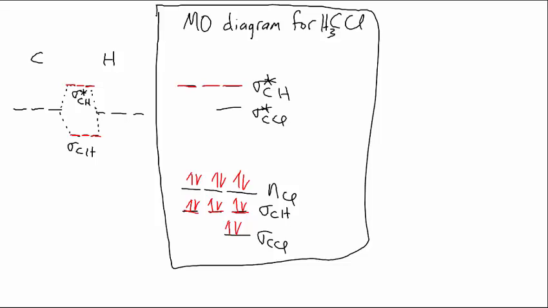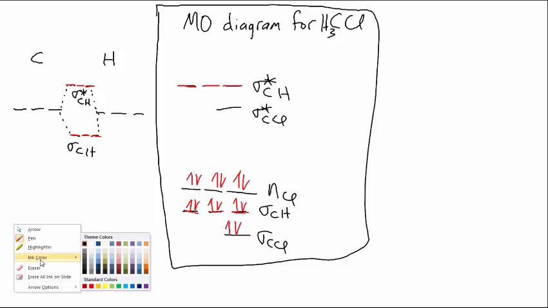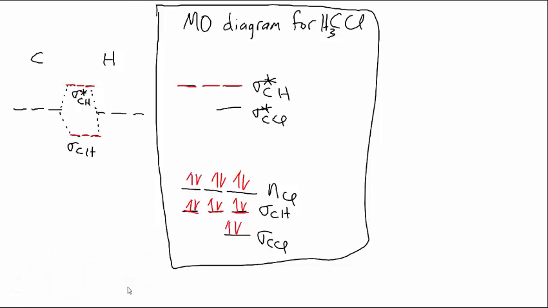So at this point, I'm going to go back and check. Let me make sure I have the right number of orbitals. All right. It was CH3Cl. Carbon has 4 orbitals. Cl has 4 orbitals. 3 H's have a total of how many orbitals?